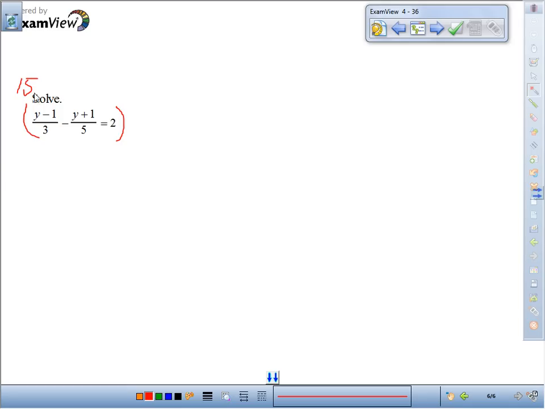Now, for those of us that get confused with the distribution, if this is a fraction, make 15 into a fraction, 15 over 1. So therefore, 15 multiplies the numerators, and the 1 multiplies the what? The denominators. Are we there? So, what do we have left? 15y minus 15 over 3.